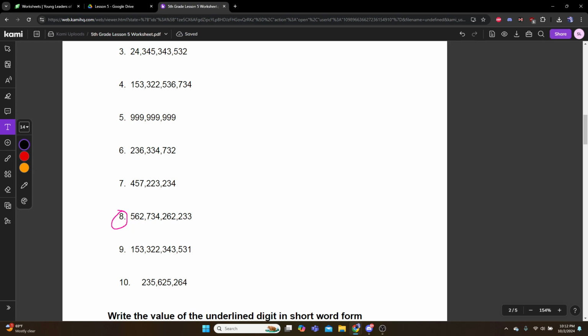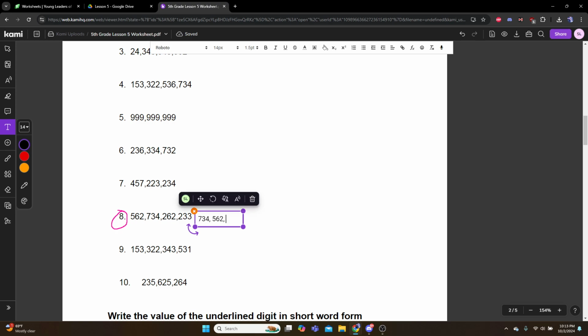Right away, 7 is the largest, so it would be 734. Then 562, because 5 is the next largest. And then between these two, 262 and 233, we look at the next place: 6 is larger than 3, so 262, then 233.